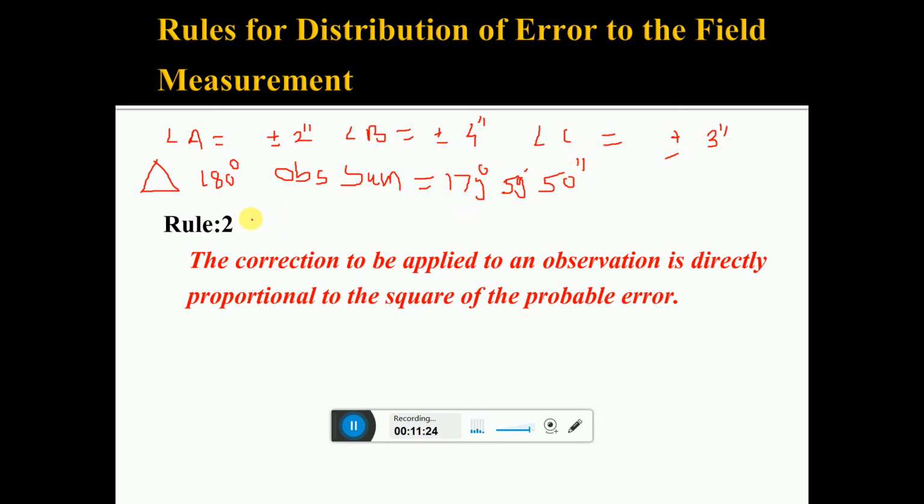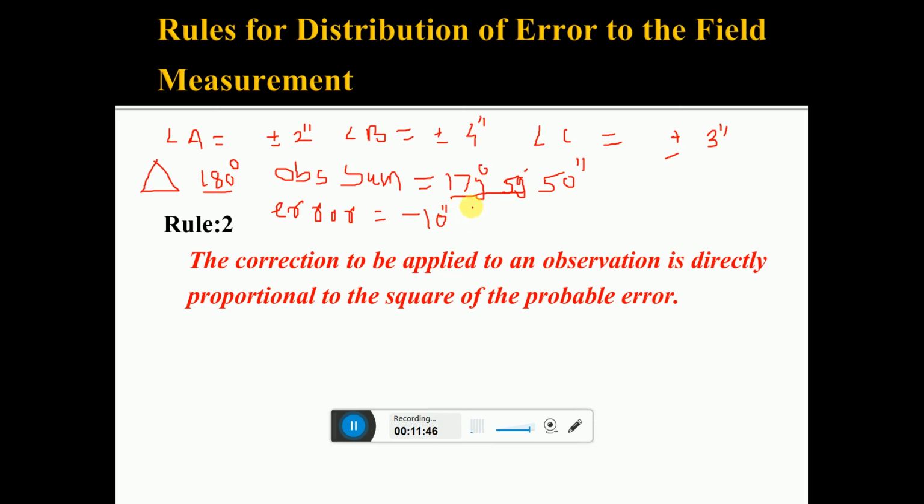If you compare this observed sum with the theoretical sum, the error in the observed angles is minus 10 seconds.